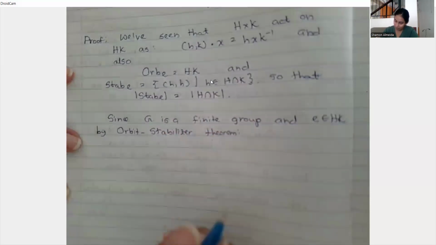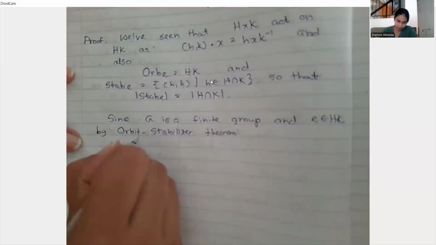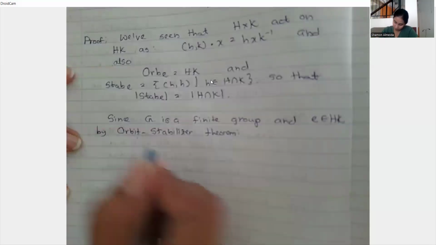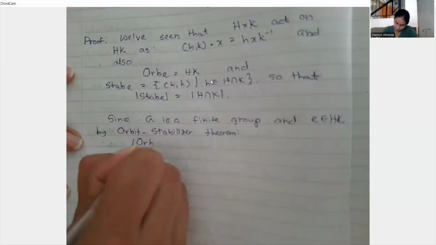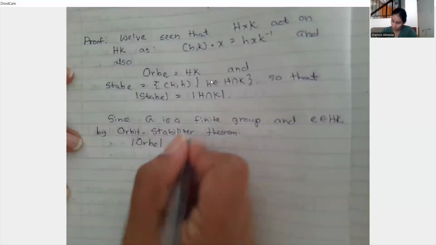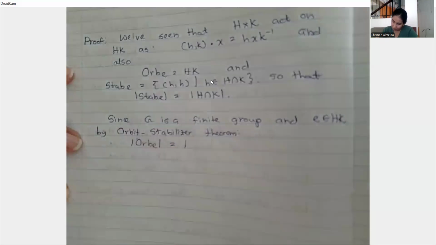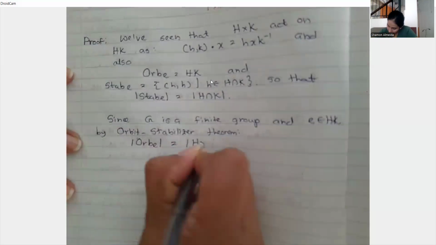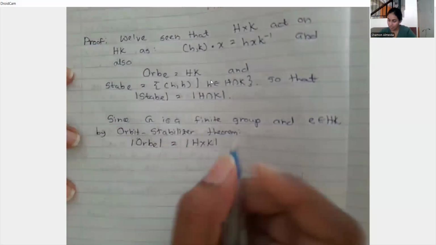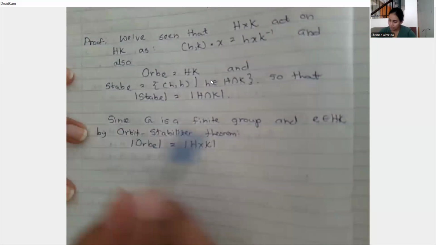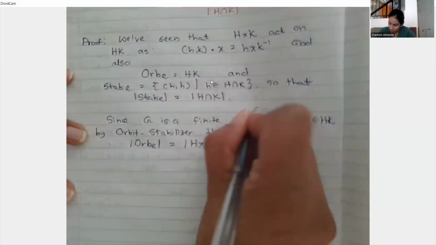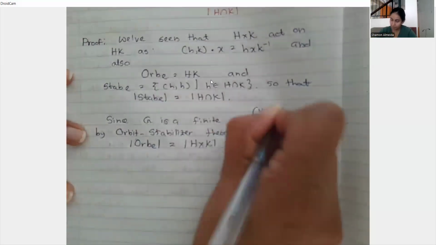we see that the number of elements in the orbit of the identity is equal to the number of elements in H cross K over the number of elements in the stabilizer. Right, when G is finite, I should have written over here, this tells you H cross K is also finite.